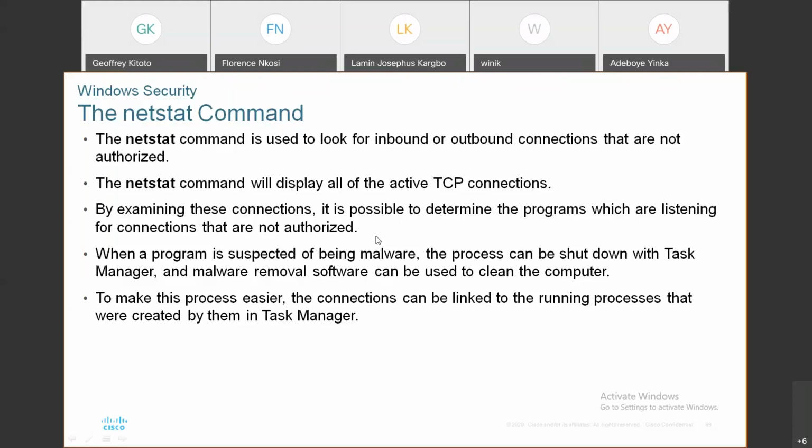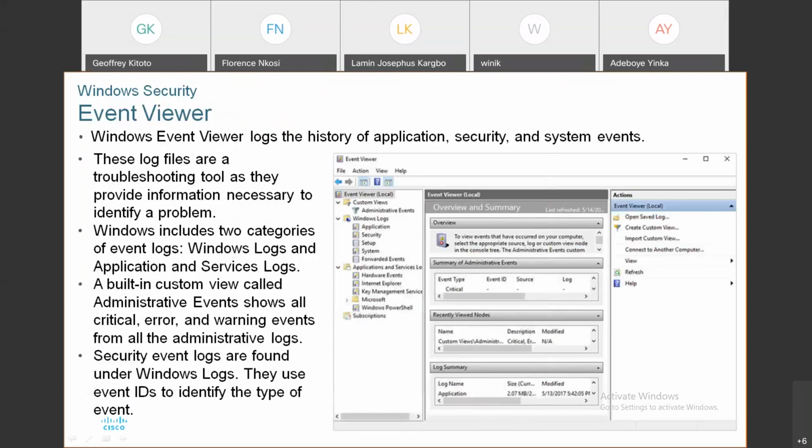You'll be able to see all of them. When a program is suspected of being malware, the process can be shut down with the Task Manager. It can be disabled, and malware removal software can be used to clean that particular machine. To make this process easier, the connection can be linked to the running processes that were created by them in the Task Manager.